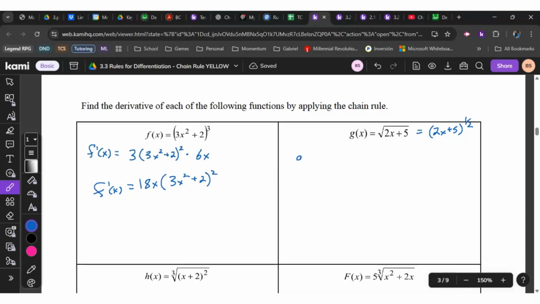So this is going to become 1 over 2 times that original function, 2x plus 5, to the power of negative 1/2, times the derivative of the inside, which is 2. And then that cancels the 2's. And what happens to the one with the negative exponent? Usually we just write it with a positive one, so 2x plus 5 under a square root.